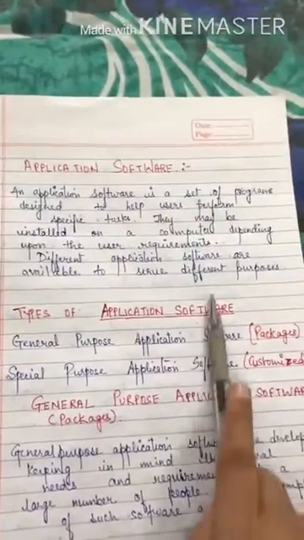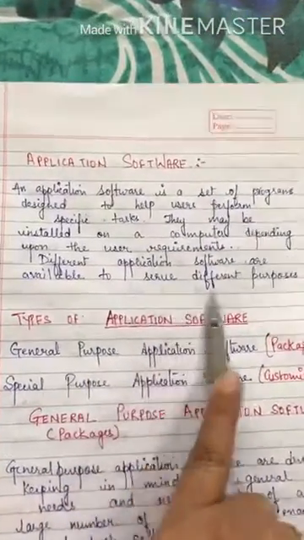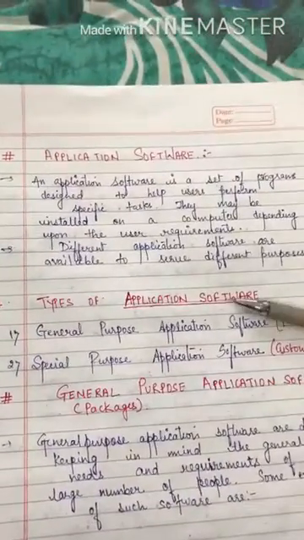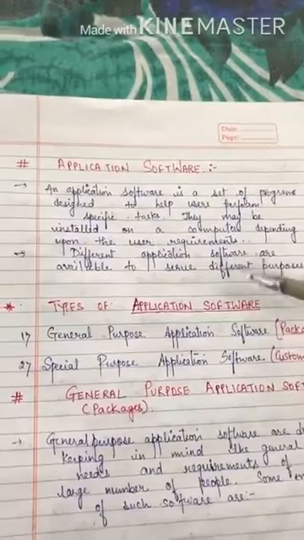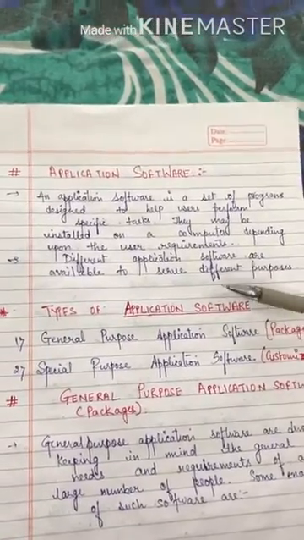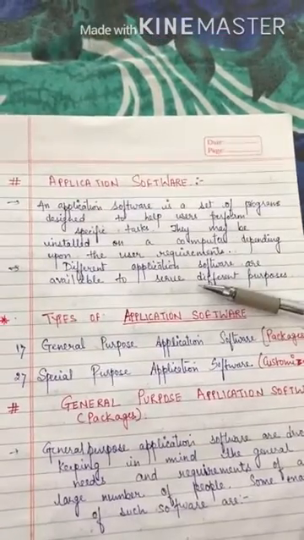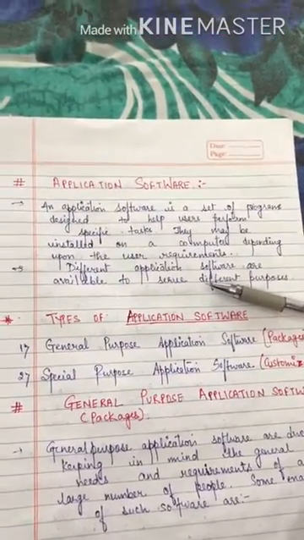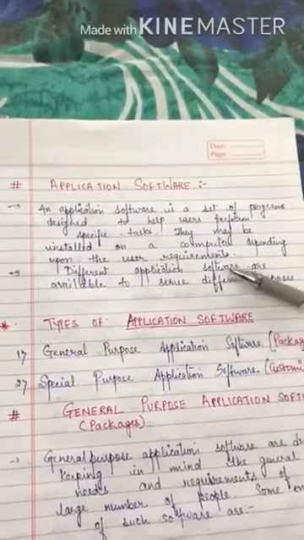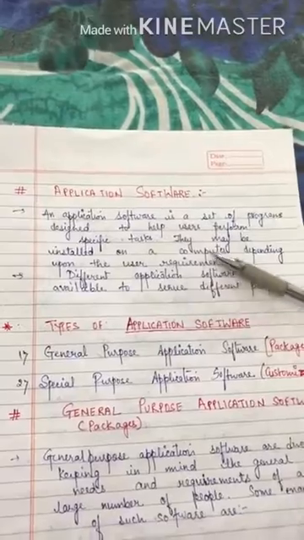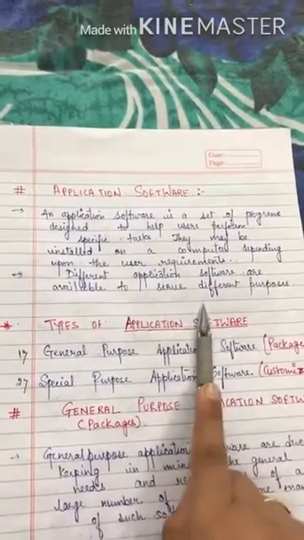Different application software are available to serve different purposes. These are sets of programs developed by the programmers in order to perform specific types of jobs like beautifying documents, doing calculations, arranging data in an organized manner, making airline or railway reservation systems, etc. Computer languages are used to create these types of software.